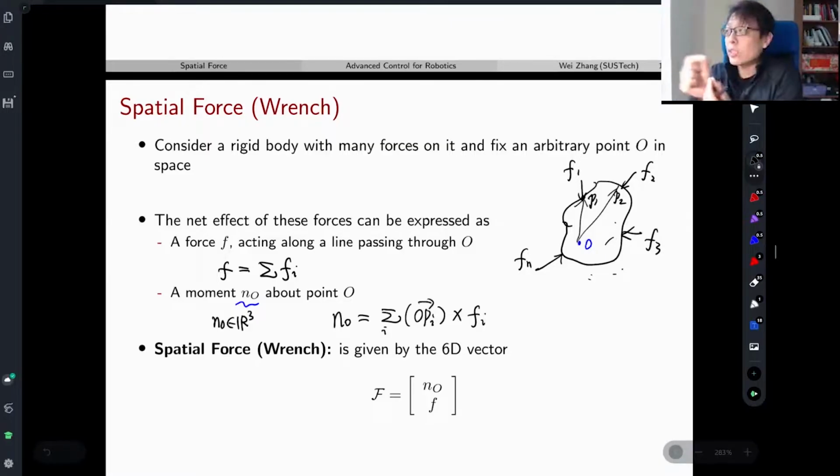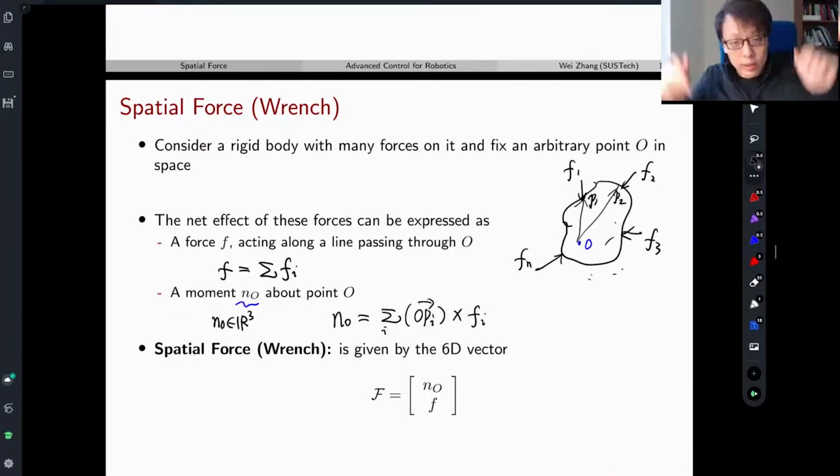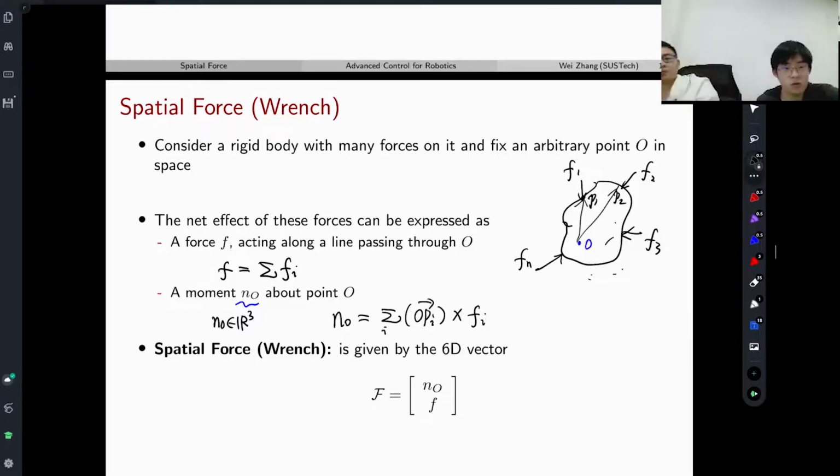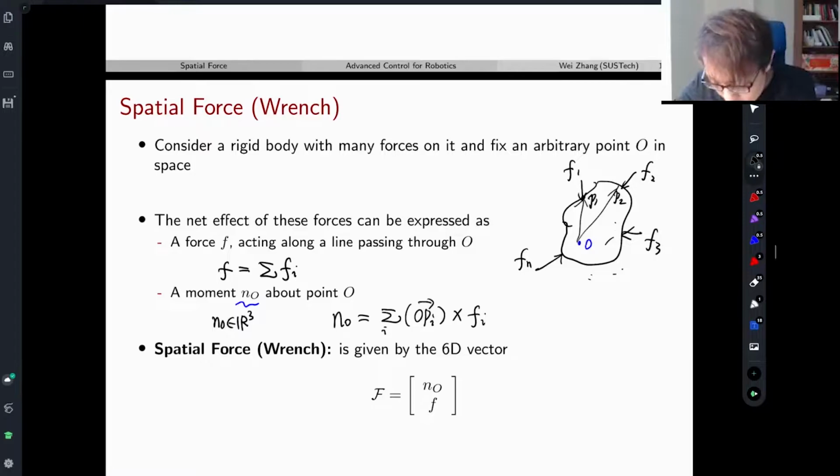And that vector from the reference point to the point of application of that force will give you R. R cross F will give you the moment or torque. Is this okay? Yeah, it's okay.